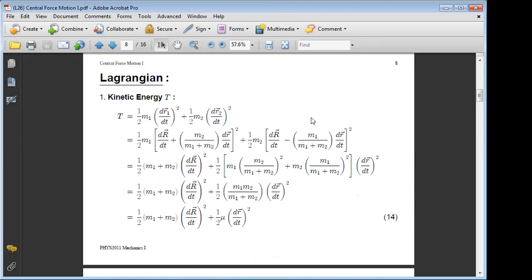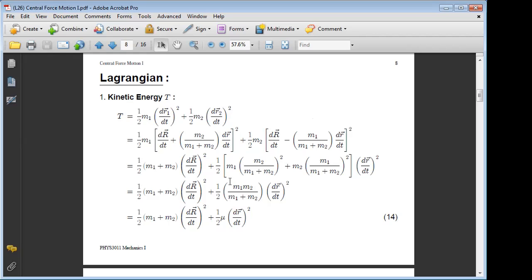Now we try to derive the Lagrangian of the reduced mass particle of the two-body problem. Our kinetic energy is 1/2 m1 r1 vector dot squared plus 1/2 m2 r2 dot squared. Then we make a change of variables. We express these two terms in terms of the center of mass coordinate and also the relative coordinates.